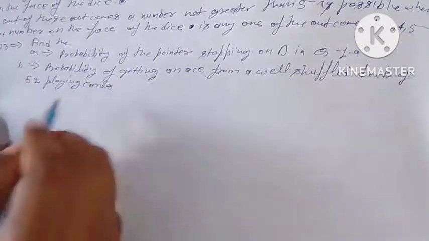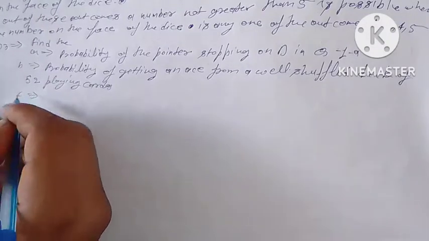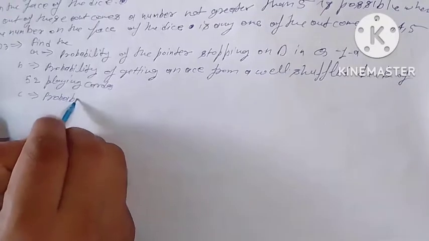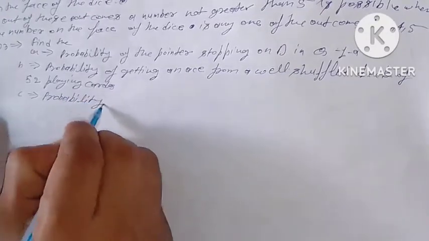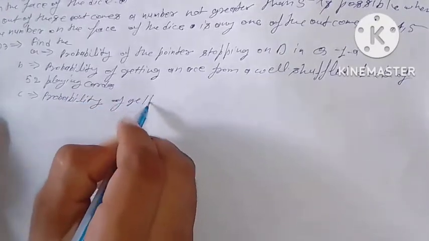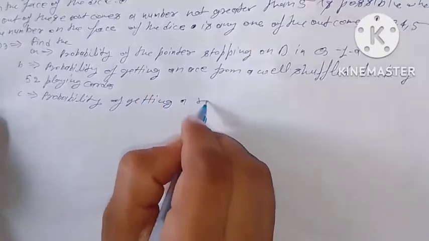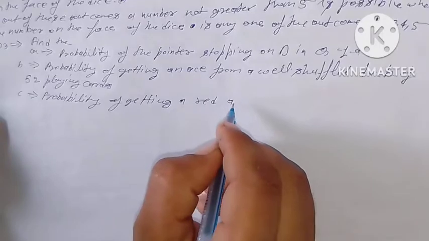Okay. C, probability of getting a red apple.